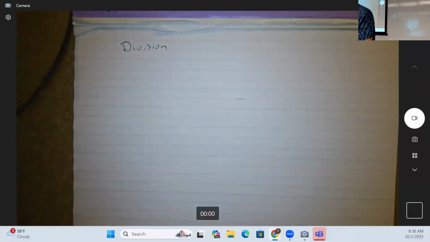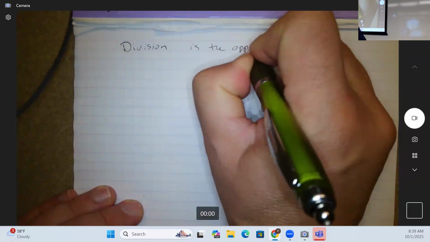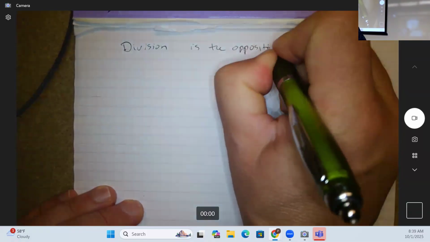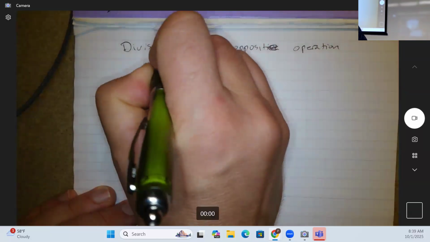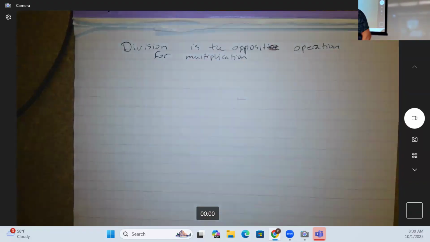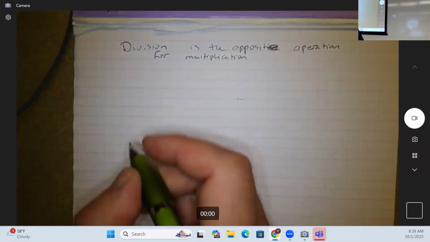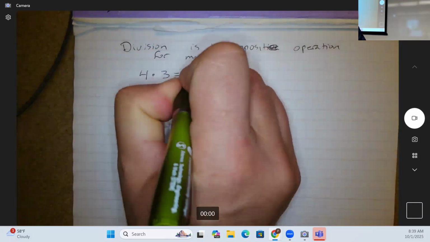Okay, division. Division is the opposite operation for multiplication, just like subtraction is the opposite operation for addition. Okay, let's look at 4 times 3 equals 12.